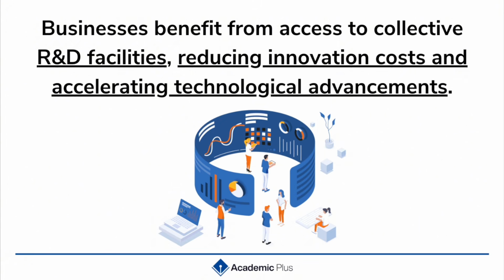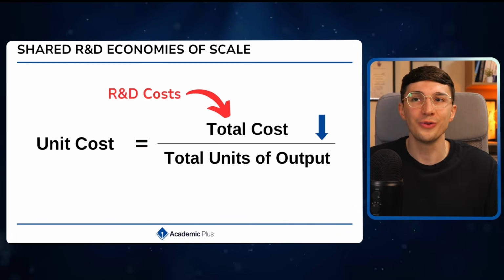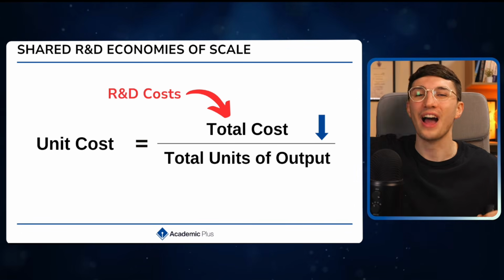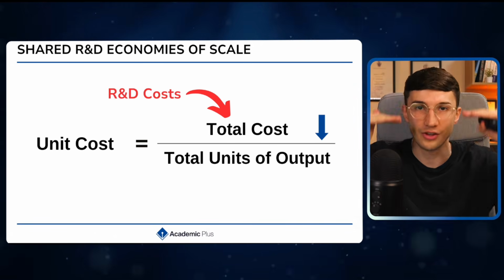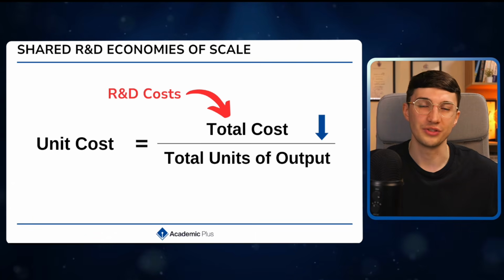And these shared R&D facilities, for example, specialized labs and testing centers, give businesses access to sophisticated equipment and technology that would have been really costly for them to try and acquire themselves. So working once again in close proximity to other R&D teams just allows for quicker exchange of ideas and solutions, which overall should start to reduce our research and development cost, total costs come down, therefore reducing our unit costs.